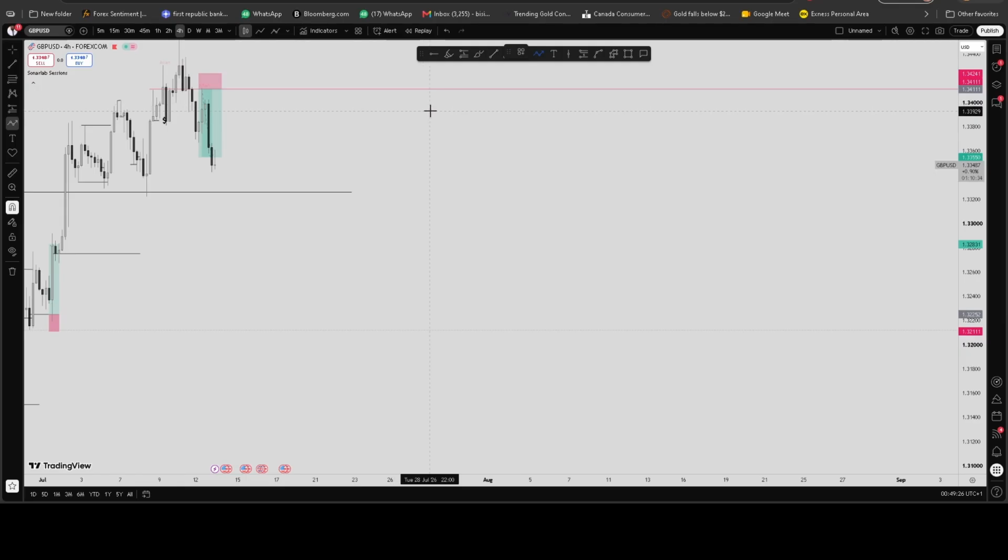Now, when you get a bias, what comes next is your point of interest based on MSNR. Whenever you get your bias, the next thing that you need to look for is your point of interest. Once you get a point of interest, that is when your entry comes in.